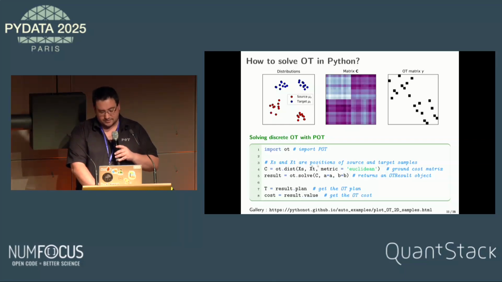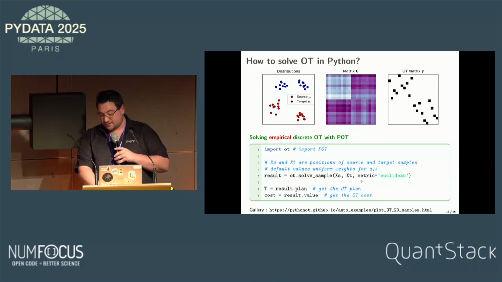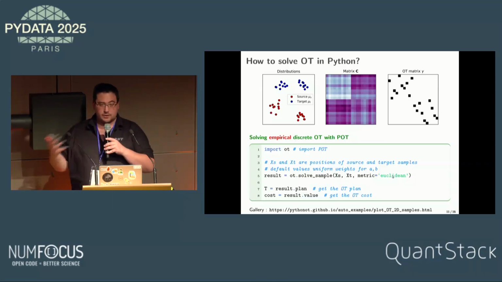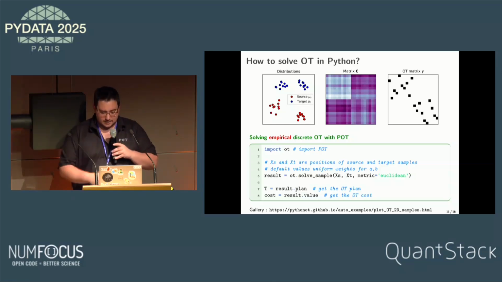You need to compute the distance matrices, and then you plug it in. We also provide a simpler function where you just put the positions of your points here, and it's going to return basically the same thing. You just need to say how you compute the cost. So here it's Euclidean, it can be squared Euclidean, can be Manhattan, or it's called cityblock in SciPy. And so basically you can put a metric here. It's going to solve optimal transport for you and return the plan and the value.